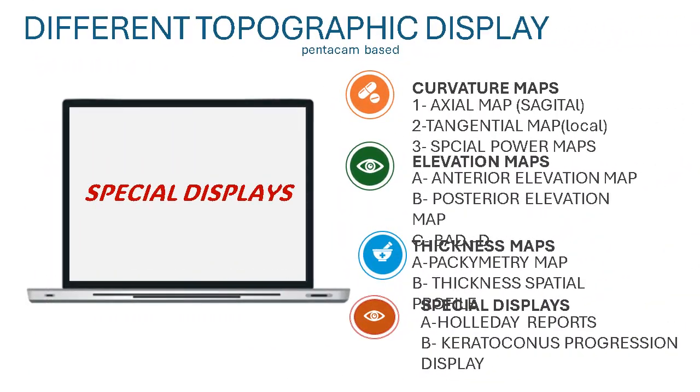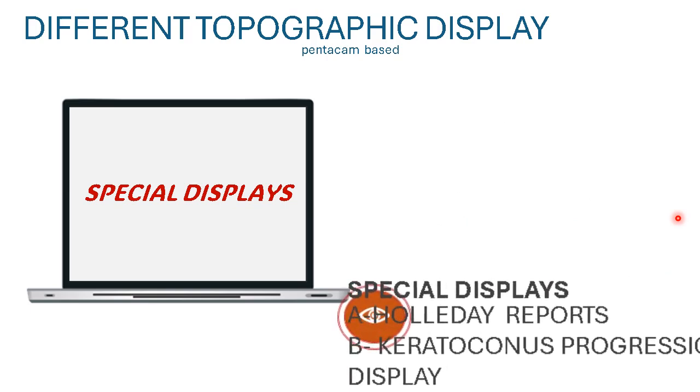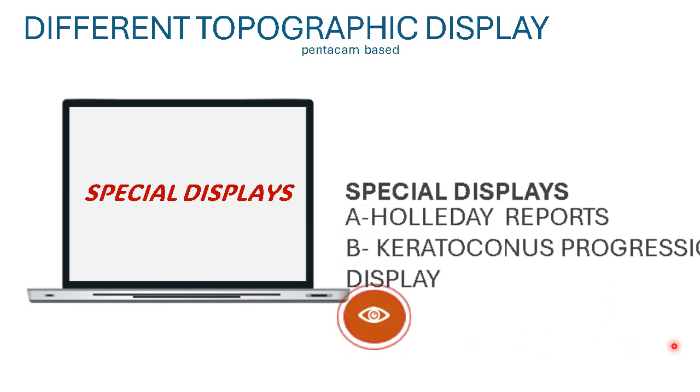Now we come to the last session, that's the special displays. After finishing the curvature maps, elevation maps, and the thickness maps, including the thickness spatial profile, now we are left with the special maps, that's the Holladay report and the keratoconus progression displays.